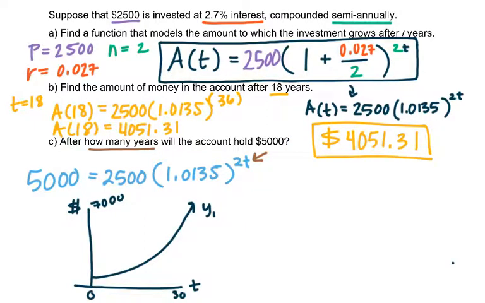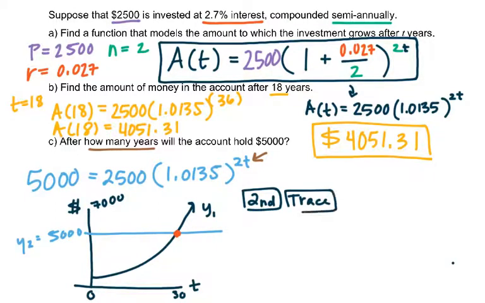And what we need to do next is take that 5,000 and plug that into my y2. So the solution in this situation is going to be the point where they're intersecting. And on your TI calculator, if you choose the option second and then trace, which is calculate, you're going to go down and choose option 5, which says intersect.